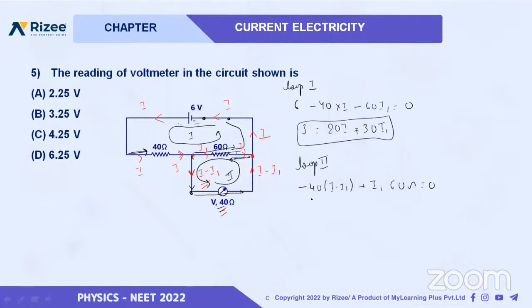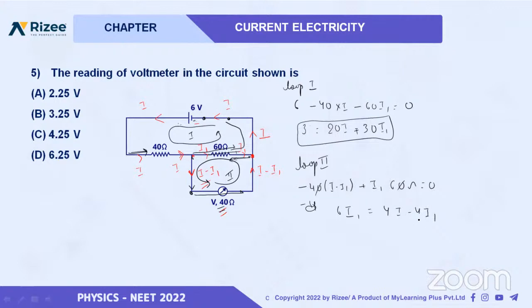You can rearrange it. Take 10 common. You will get 6I1 is equal to 4I minus 4I1.